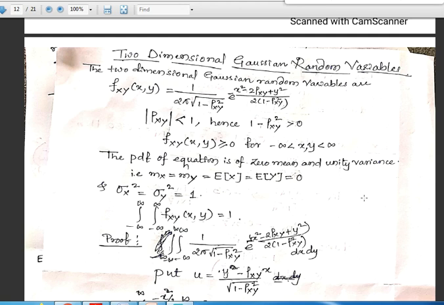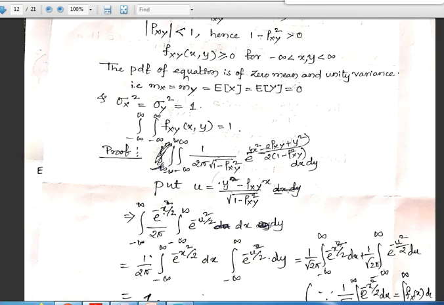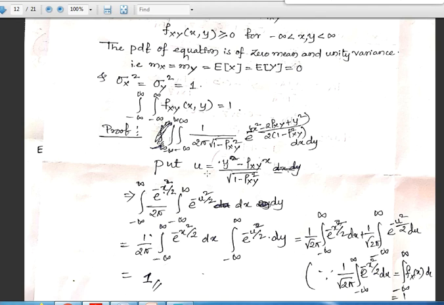Now here we need to solve this integration, and to solve this we take u equal to (y − ρ_XY x) divided by the root of 1 − ρ_XY². Let's consider this one as u. If this is equal to u, then we can split these integrations.